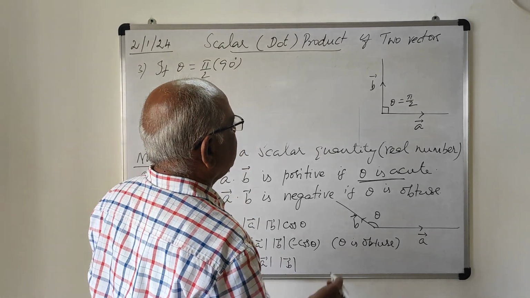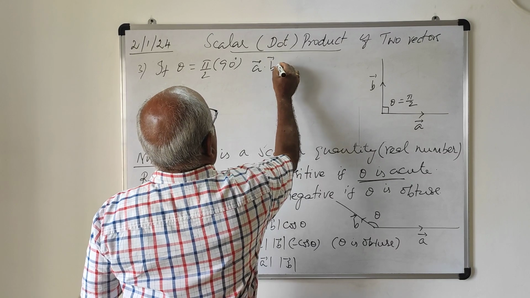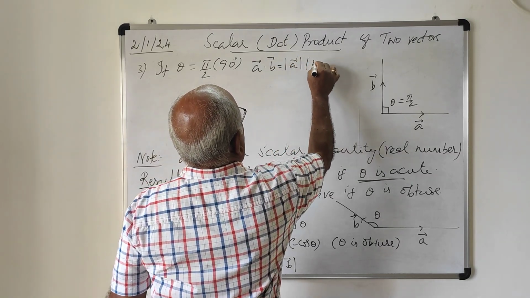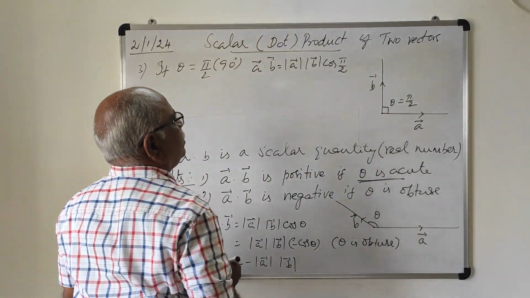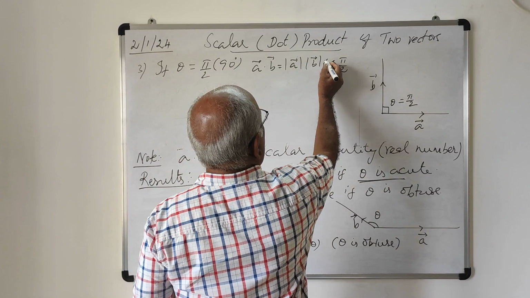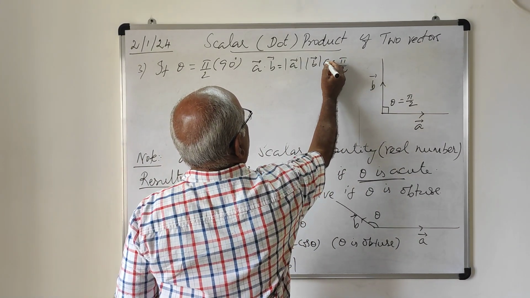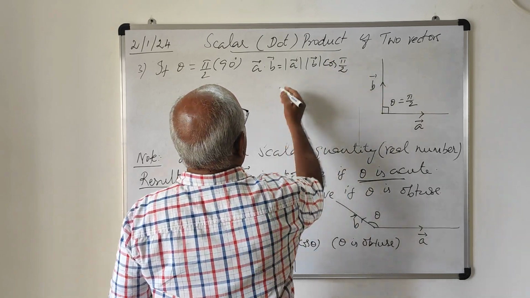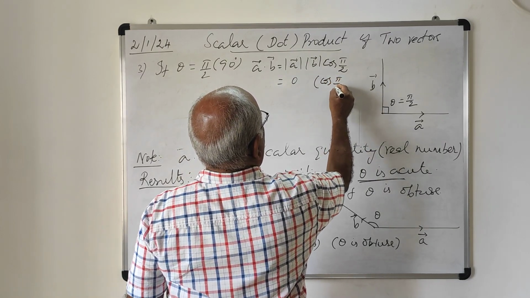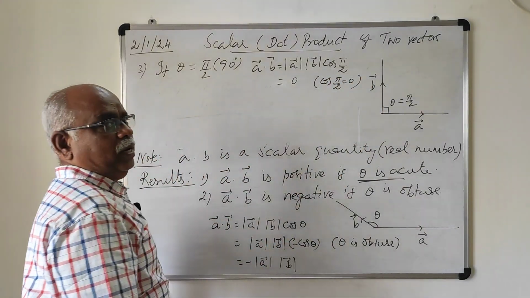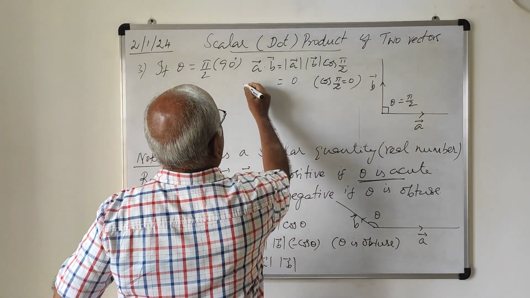In this case, A dot B equals mod of A into mod of B into cos 90. What is cos 90? You know cos 90 is 0. Therefore, A dot B is 0.